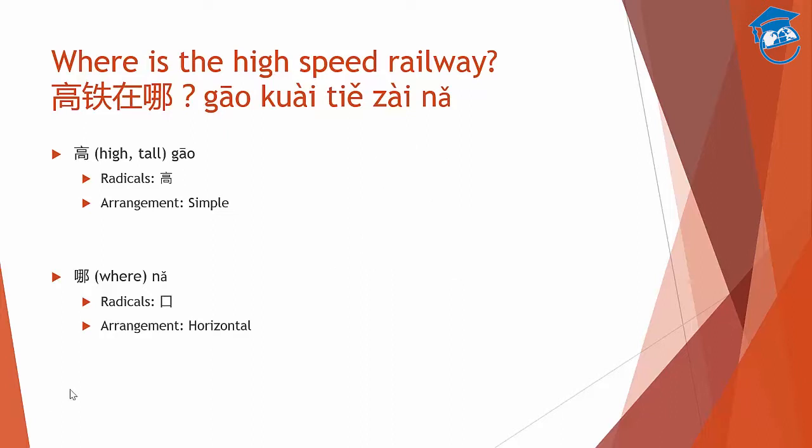Okay, 哪 means where. This is the pinyin and the radical is naturally what's on the left side here. The arrangement is horizontal as you have left, middle and right components. I know you have learned the middle and right components as 那, which means that. But when you are adding another radical like this one, it means where, and the tone changes as 哪.